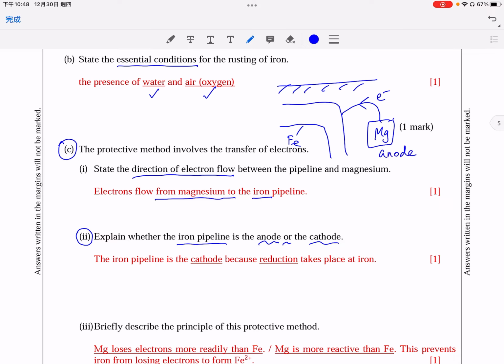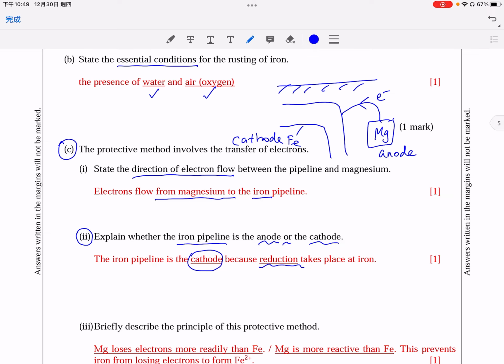The electrode at which there is a loss of electrons is the anode. And Fe is, of course, the cathode. Therefore, you have to answer cathode. And the reason behind is, of course, you have to mention reduction takes place at iron.